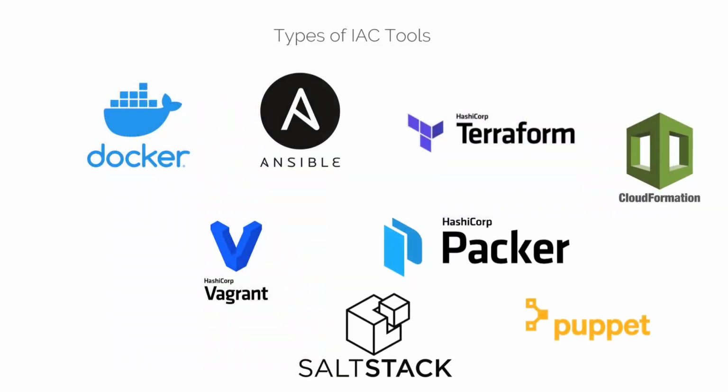There are several different tools that are part of the infrastructure as code family: Ansible, Terraform, Puppet, CloudFormation, Packer, SaltStack, Vagrant, Docker, etc. Although you can possibly make use of any of these tools to design similar solutions, they have all been created to address a very specific goal. With that in mind, IAC can be broadly classified into 3 types.